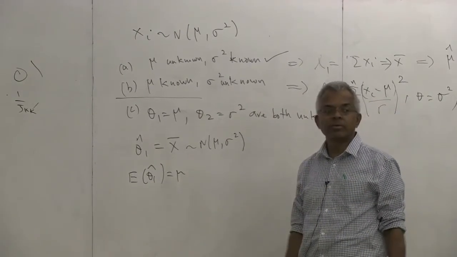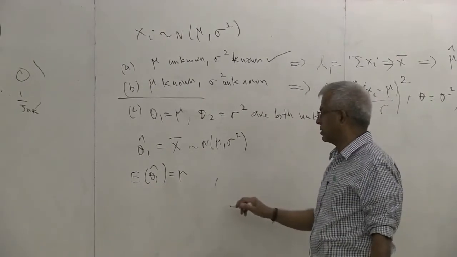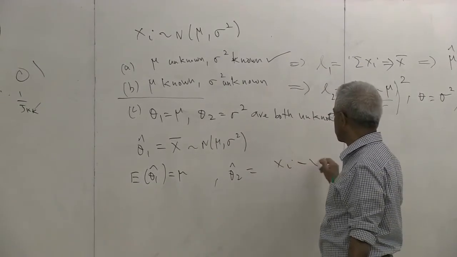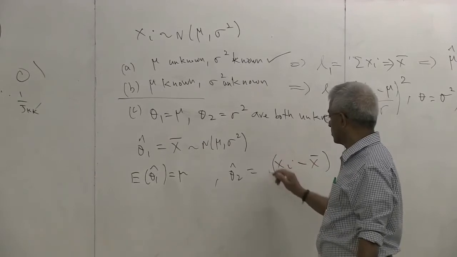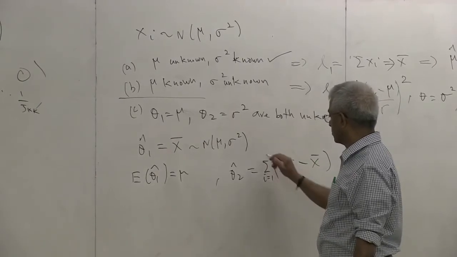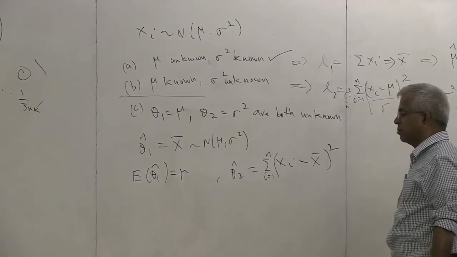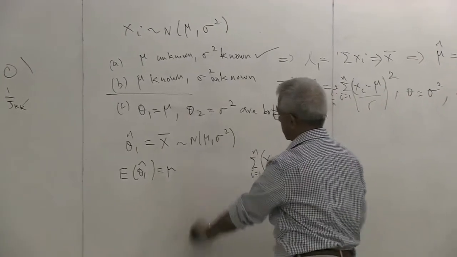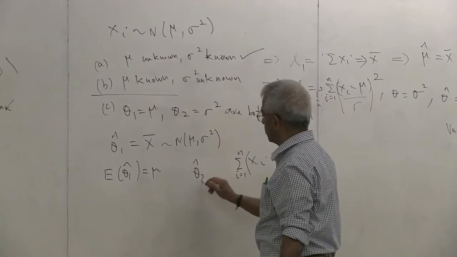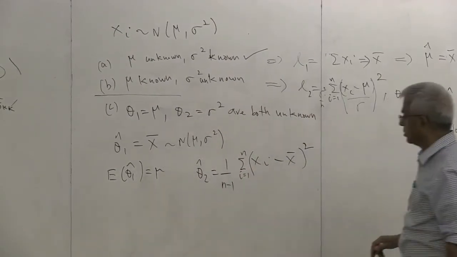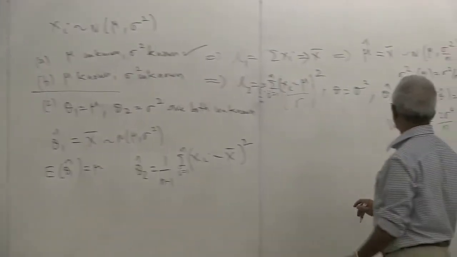Now, you have to do some work. So this is in fact an unbiased estimator for theta. Let me define theta 2 hat to be 1 over n minus 1. Let me show you this will do the job.